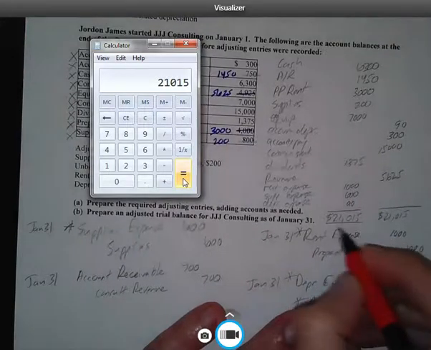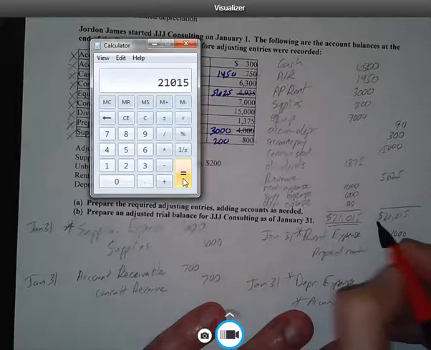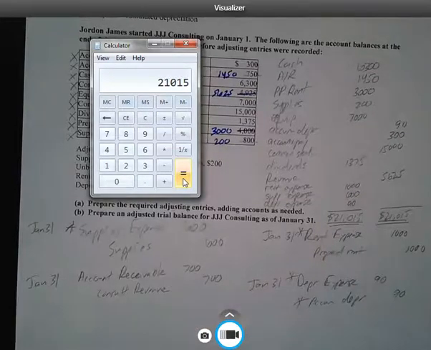And fortunately, didn't make any mistakes. And so 21015 is the total amount of all of our debits and the total amount of our credits.